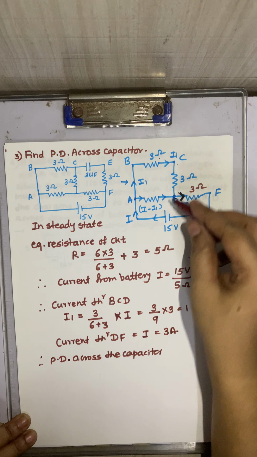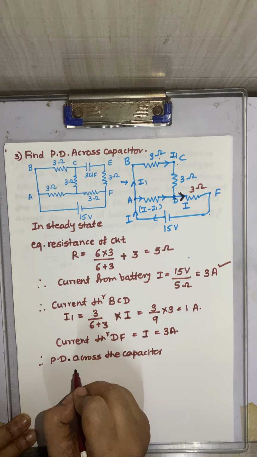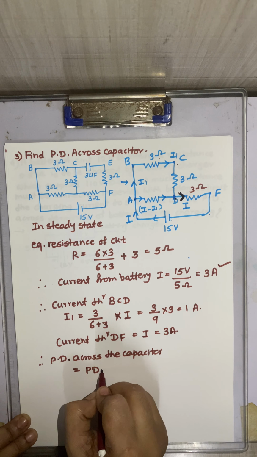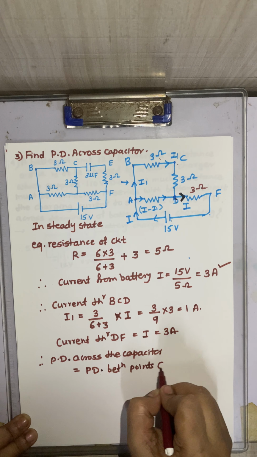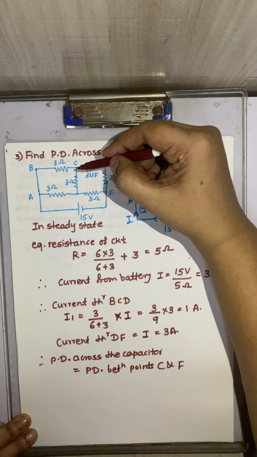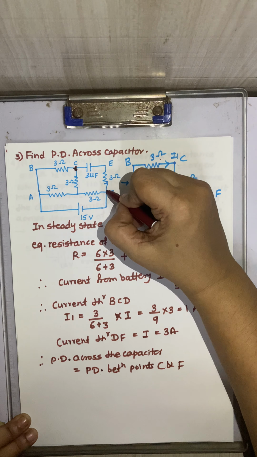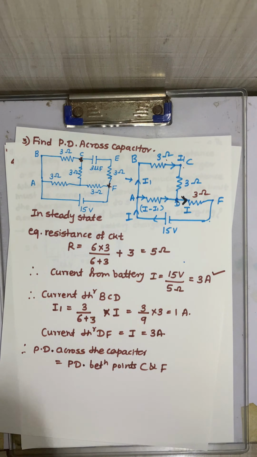How much will be the potential difference across the capacitor? That is nothing but the potential difference between point C, this is the point C, and the point F. This is called the potential drop across the capacitor.